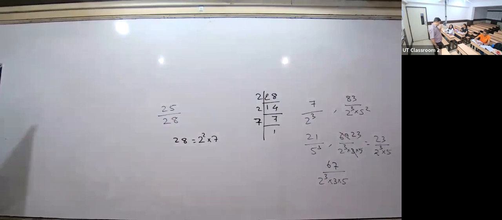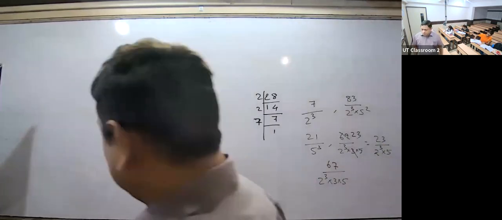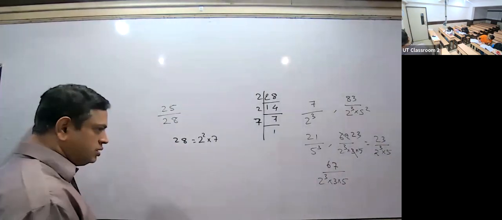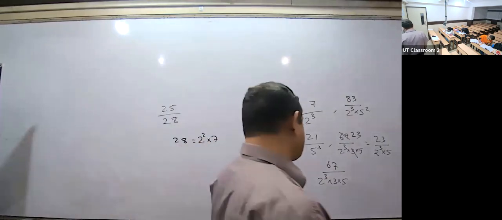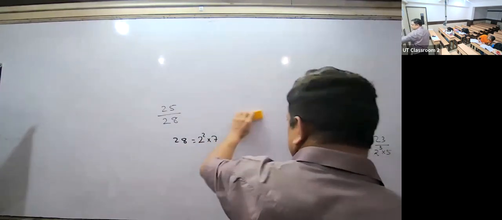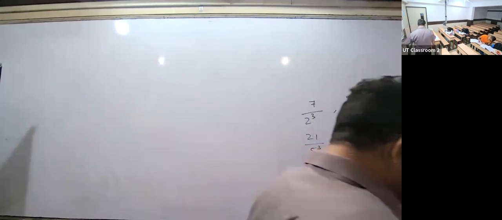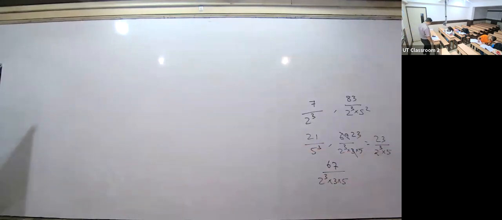Right now, if a rational number is in the simplest form, do you know what the meaning of simplest form is? Without common factors other than 1. For the simplest form, there are 2 conditions.